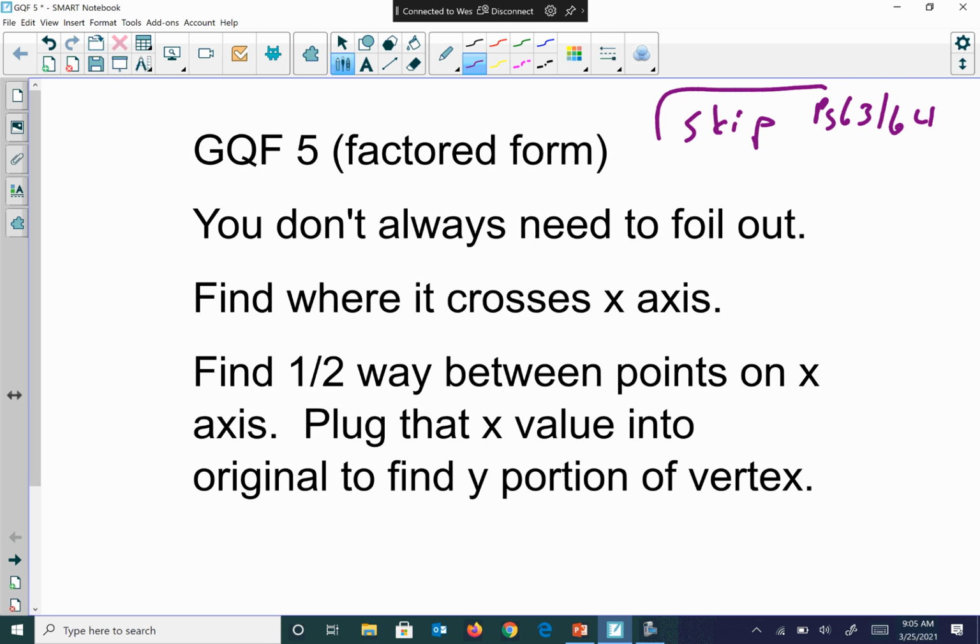You're actually going to do GQF number 6, which is pages 65 and 66. There are 8 problems.